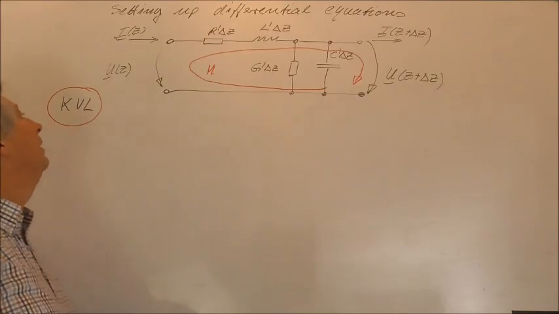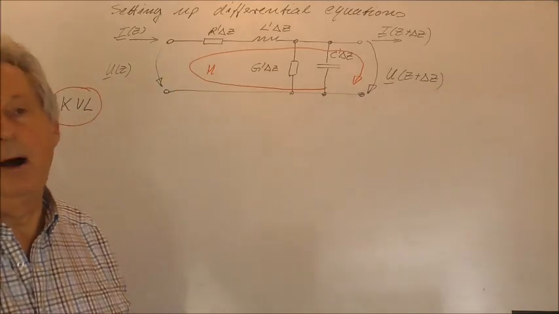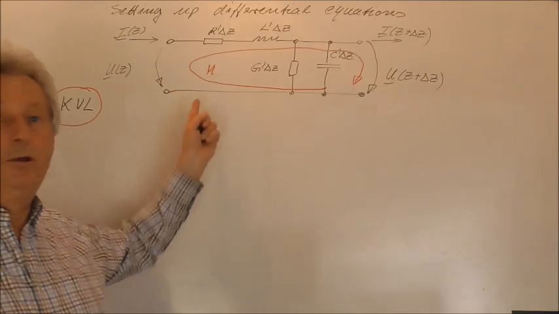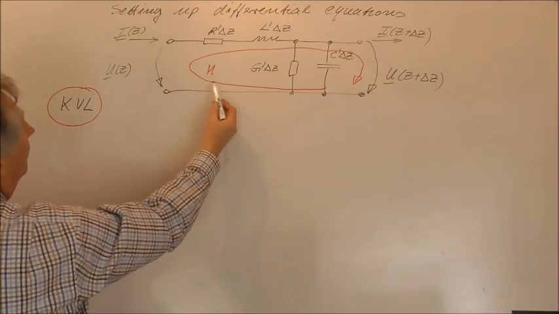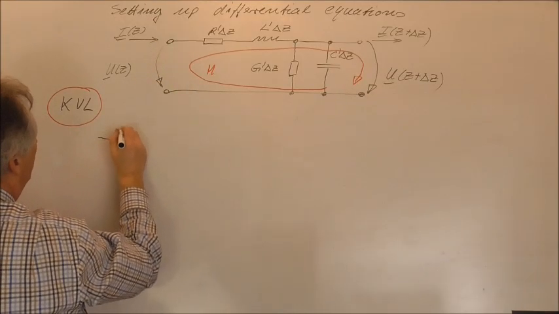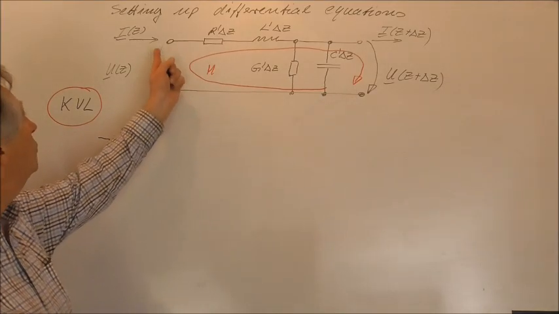This means in the sum of a mesh all voltages must sum up to zero, where you have to account for the direction, of course, of the currents and the voltages. So you see here, if we sum up this voltage, we will end up with minus u of z, because we sum up against the direction.